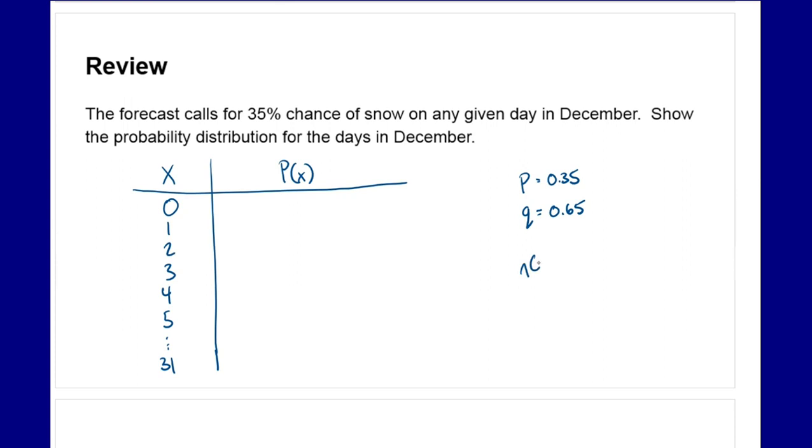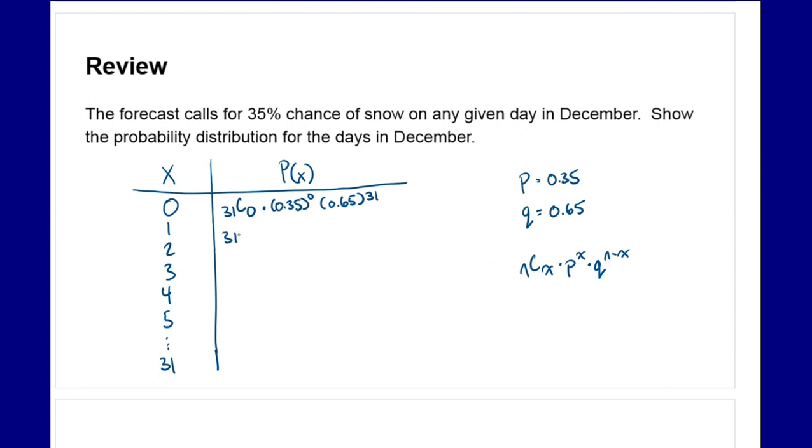Again, remember our formula: n choose x times p to the power of x times q to the power of n minus x. So for 0, we have 31 days in December, choosing 0 of them, multiplied by 0.35 to the power of 0 times 0.65 to the power of 31.